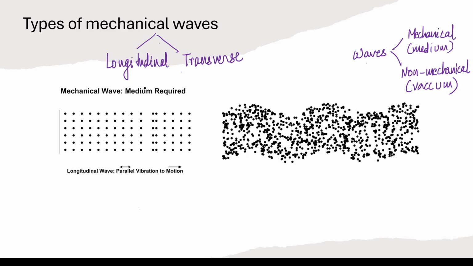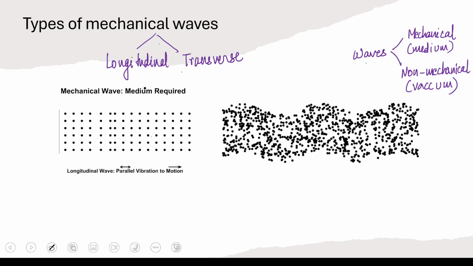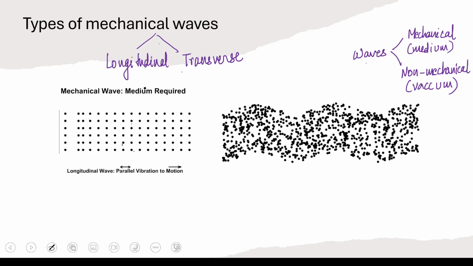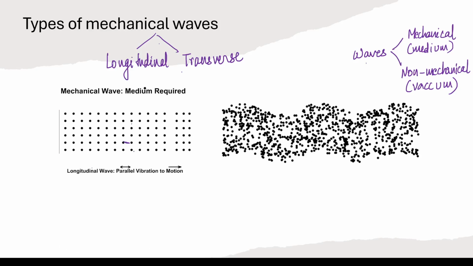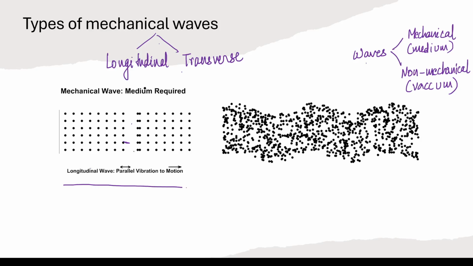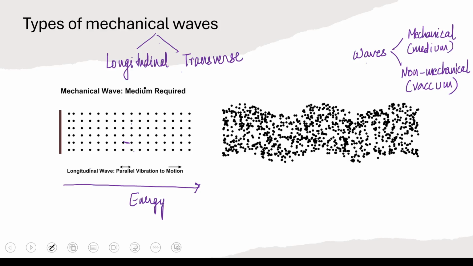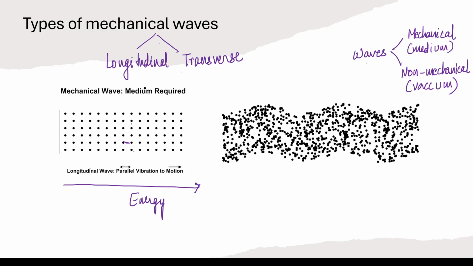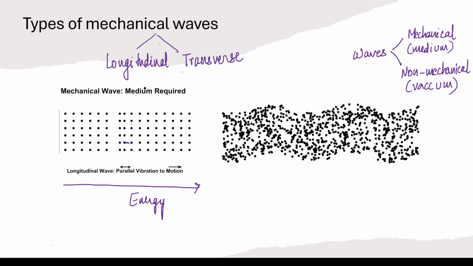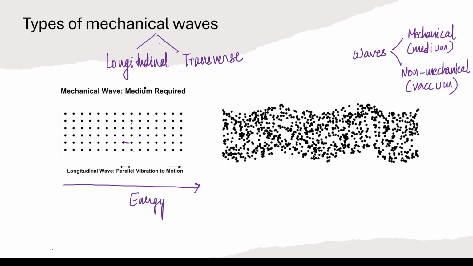As you can see in the small animation, the left one is the longitudinal. So my energy is traveling in this direction. So this is the travel of energy. But if I look at any small particle here, one particle, let me just change to another color here, right?